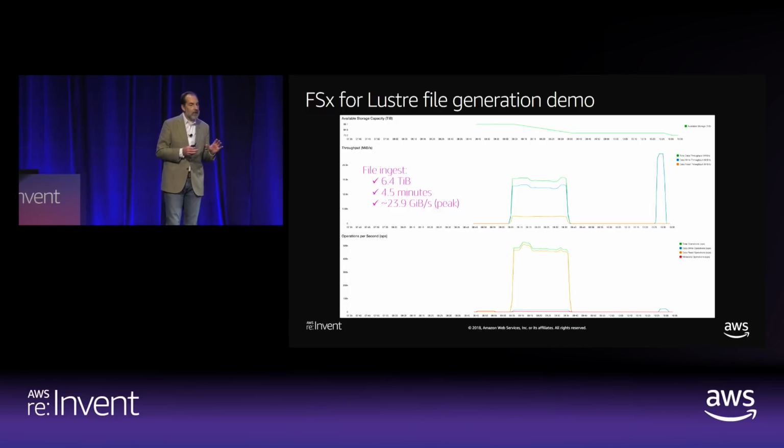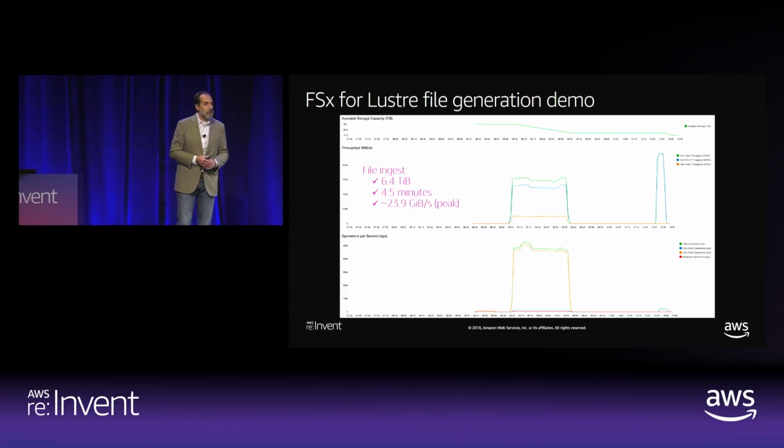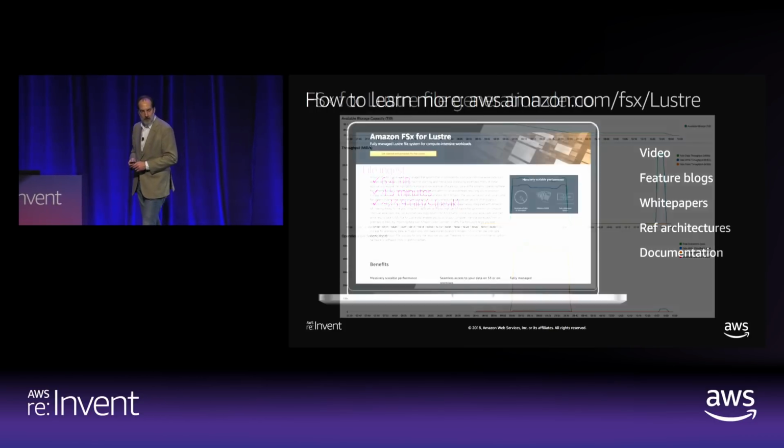And at peak there, we were getting around 23.9 gigabytes per second. And I think at the size of my file system, I should have been getting 23.12 or something like that. So slightly higher than what the throughput capacity should be, based on the metrics of 200 megabytes per second per terabyte of data stored.